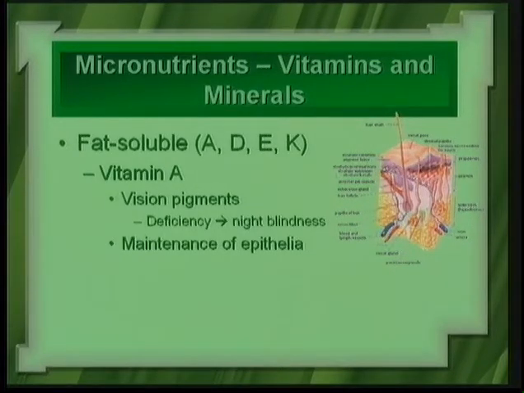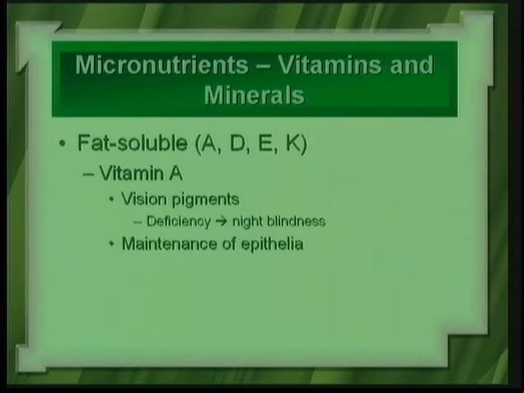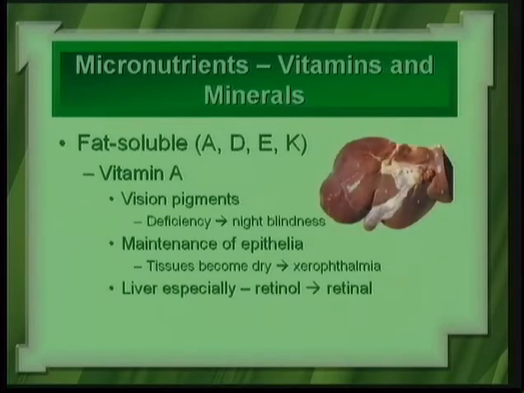It's very important in the maintenance, because it actually helps you to produce mucus and other substances which help to lubricate these parts. If you don't have enough vitamin A in your diet, your tissues can become dry. You can even have something called xerophthalmia. Xeros means dry. Ophthalmia refers to eyes.